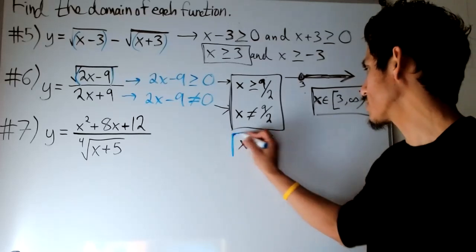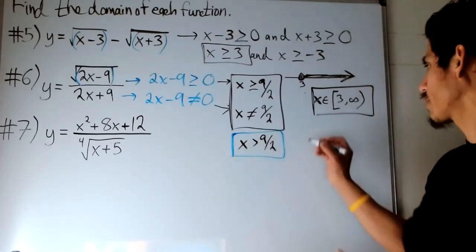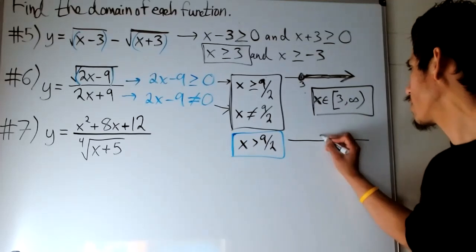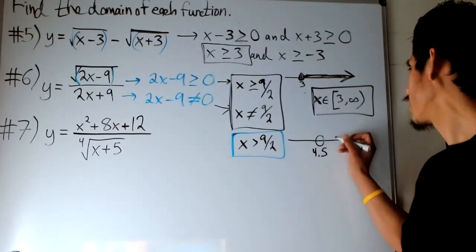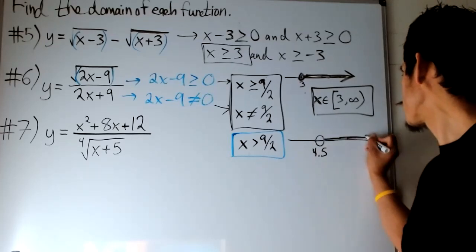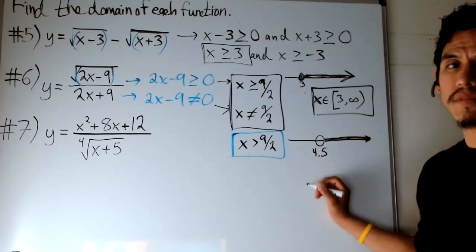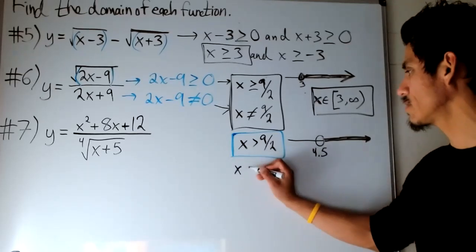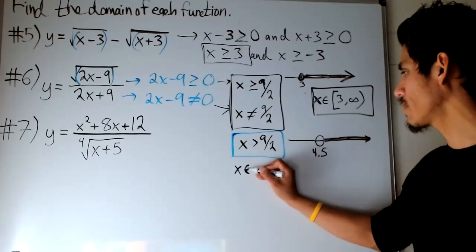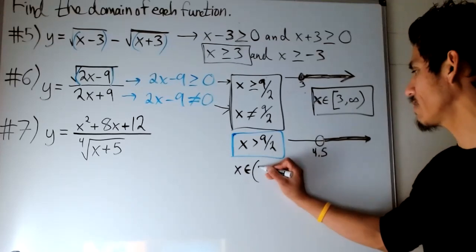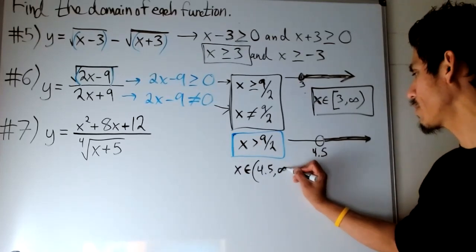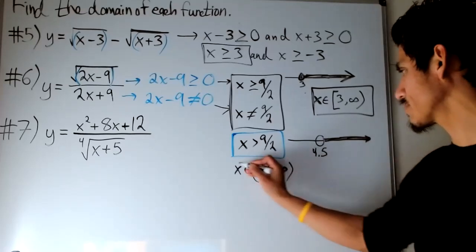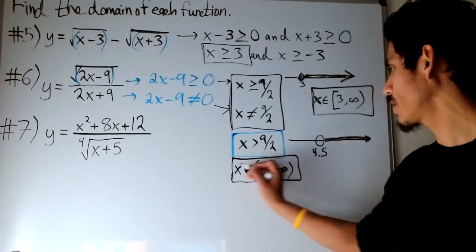This will be our actual answer. So that would just be a number line, open circle at 9 halves, or 4.5 as a decimal, arrow to the right. Interval notation would go from 9 halves or 4.5, but with a parenthesis, since we don't include it, comma, infinity, the parenthesis, and there we go.